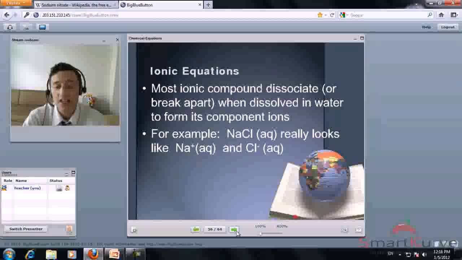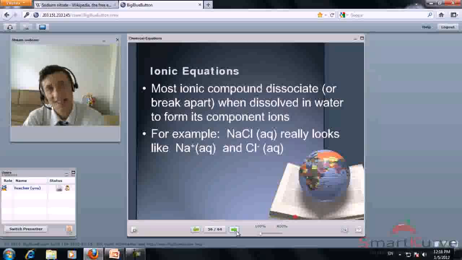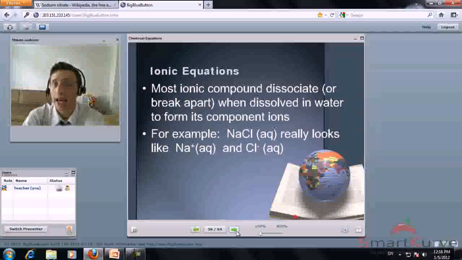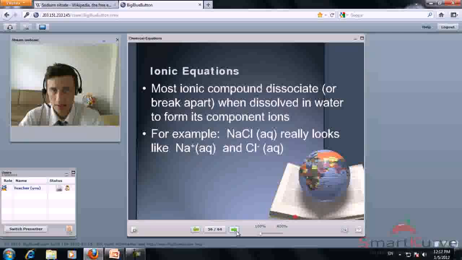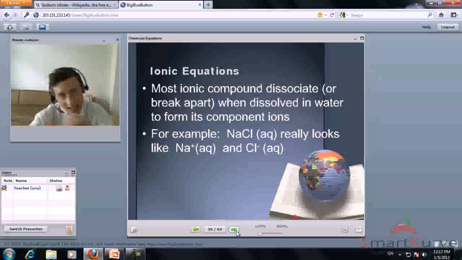In the case of sodium, that means 11 protons and 10 electrons, giving us an overall charge of +1. The chlorine, remember, has 17 protons and 18 electrons, because that chlorine atom takes an electron from the sodium.